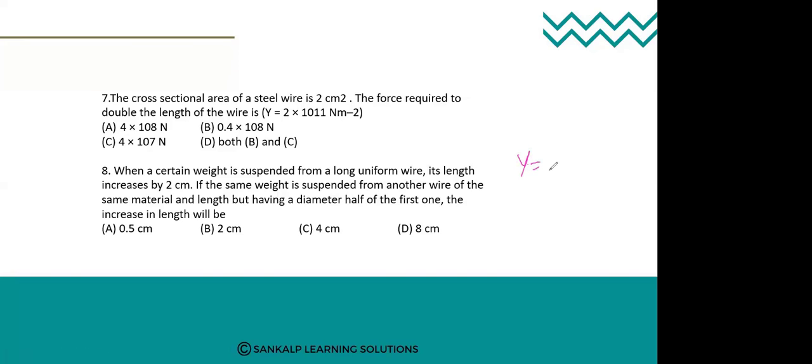Young's modulus is given as 2 into 10 to the power of 11. Then the area of cross section is given as 2 centimeters square. The force required to double the length we need to calculate.